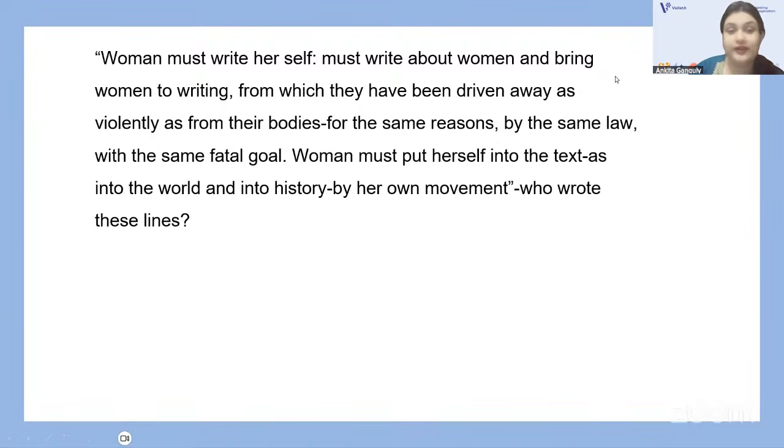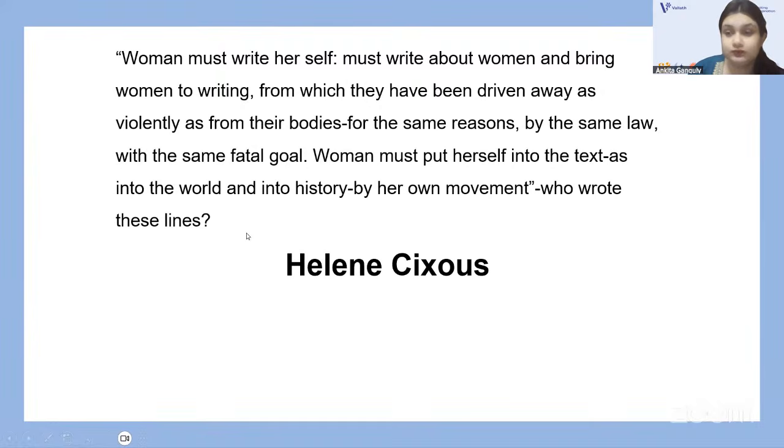These lines were written by Hélène Cixous in the essay The Laugh of the Medusa. This essay was published in 1975.